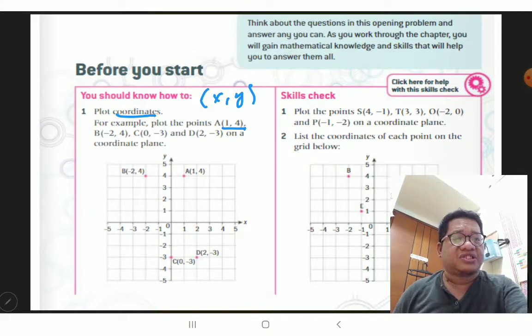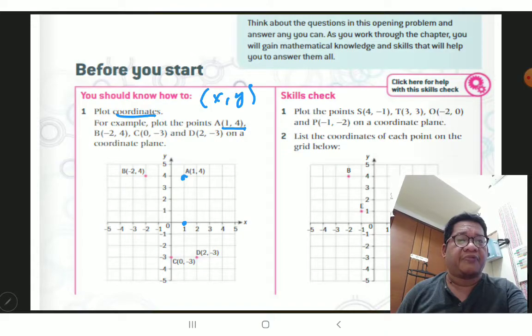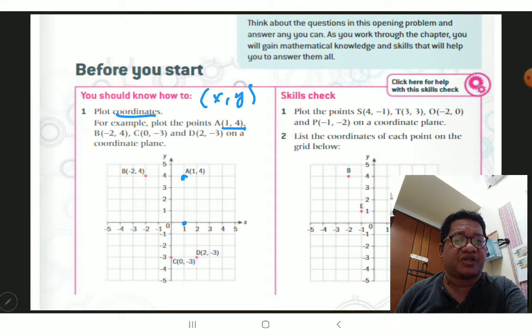The 1 is 1 unit, and 4 means going up. So that is (1, 4). While point B is (-2, 4), meaning 2 to the left and 4 going up. Then you end up there.